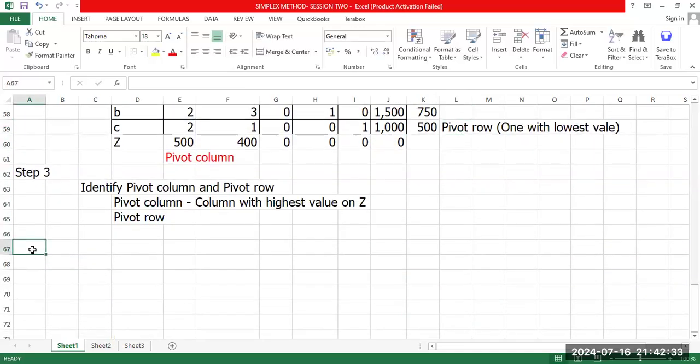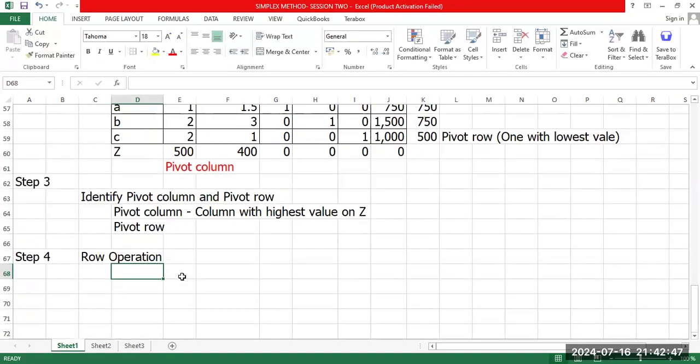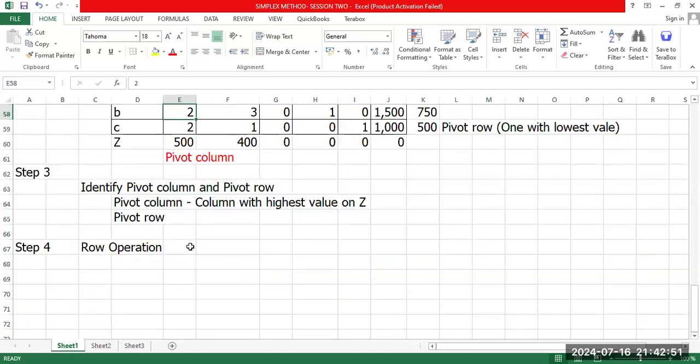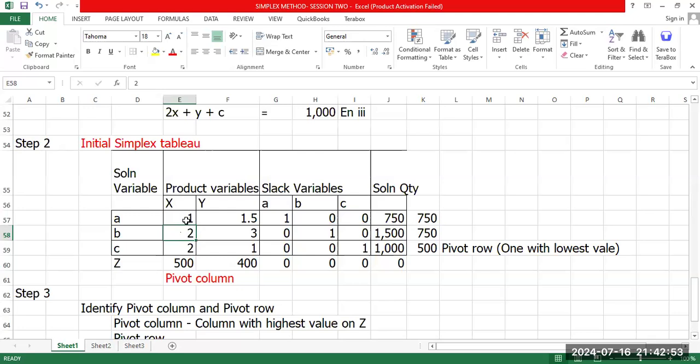Then the next step, step 4, come up with what we call row operation. Row operations are like formulas that are going to help you make other values apart from the meeting point.